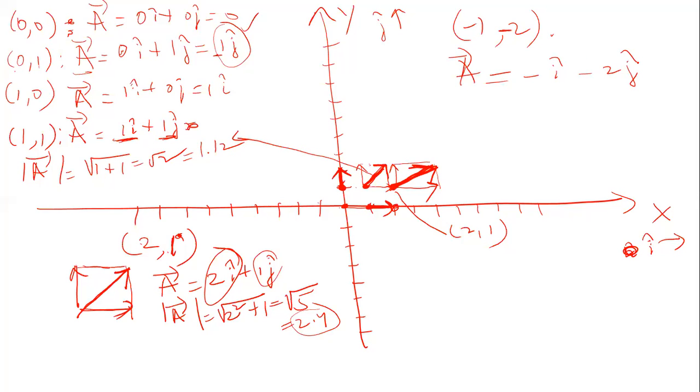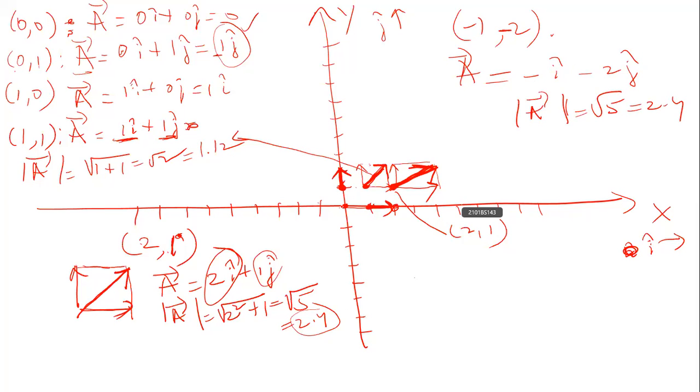What is minus i minus 2j? The magnitude of this vector is again square root of 5. This will be 2.4 something again.